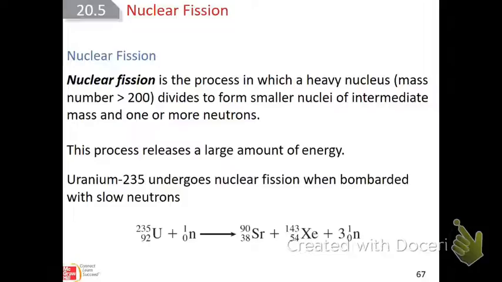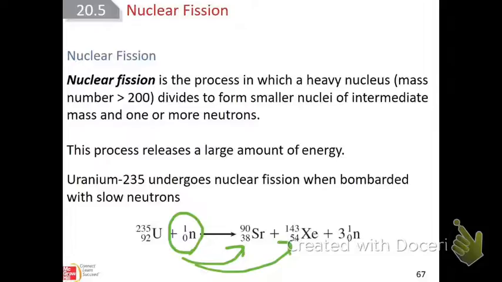You can do that by bombarding them, and this is how the bombs were made at first. They shot a nucleus with a neutron and split it apart into smaller, more stable nuclei.